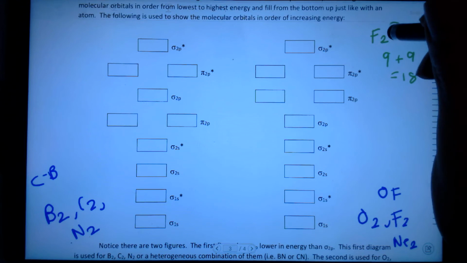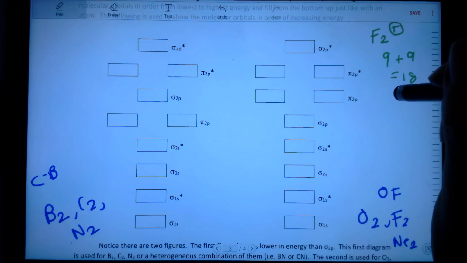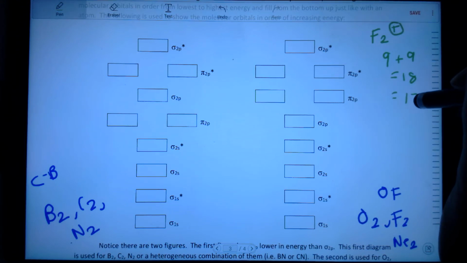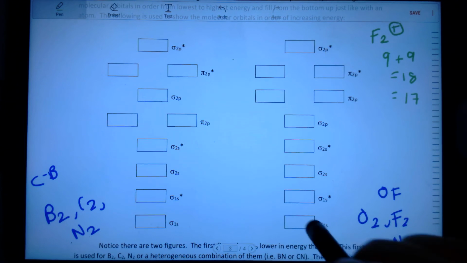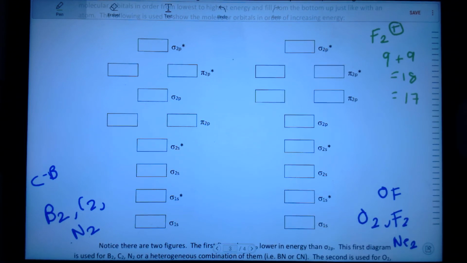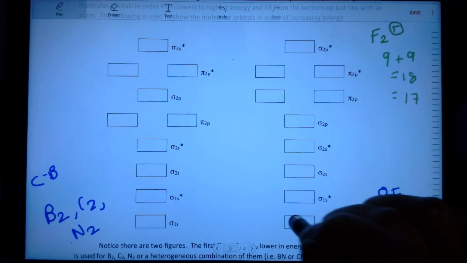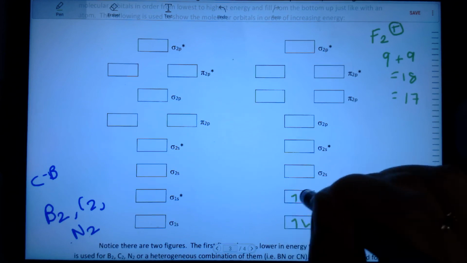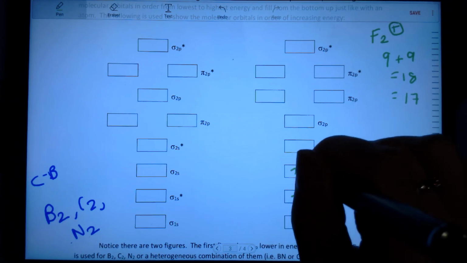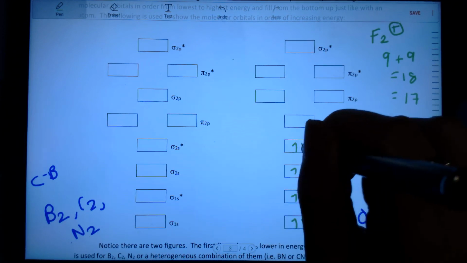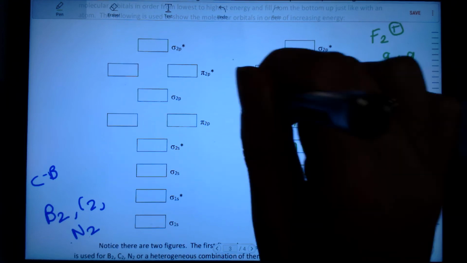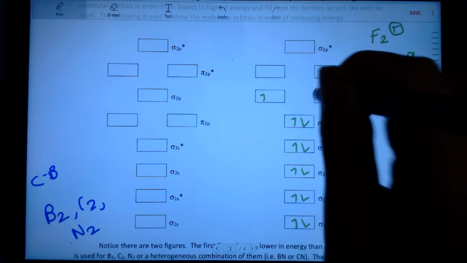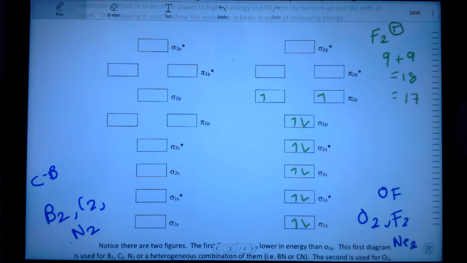Because this is F2+, we're going to take one away. So we have 17 electrons to put in. We're going to do exactly what we did previously. 1, 2, 3, 4, 5, 6, 7, 8, 9, 10, 11, 12. Separately first.